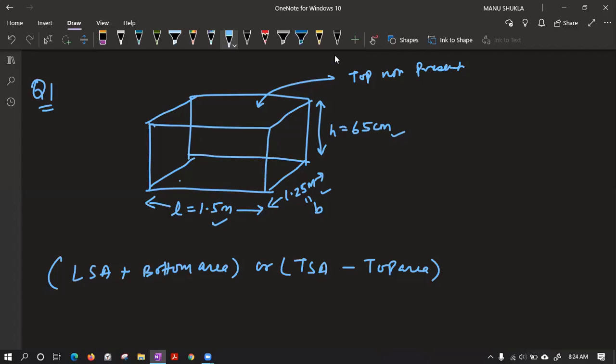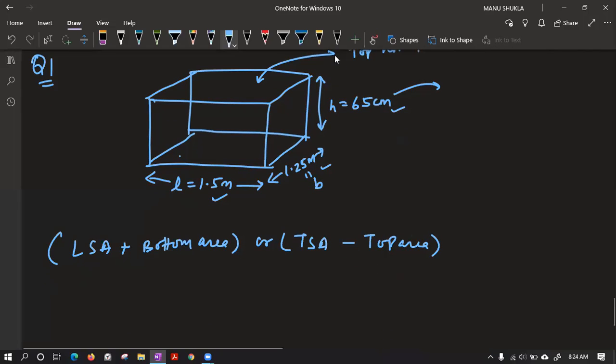And if you see the second part, they are asking the cost if 1 meter square is rupees 20. So this tells me that the question is asking in meter square. So what should we do? Shall we convert length and breadth into centimeter, or shall we convert centimeter into meter? What would be better, class? Please tell. Yes, because second part is asking in meter square, so there must be a conversion of cm to m.